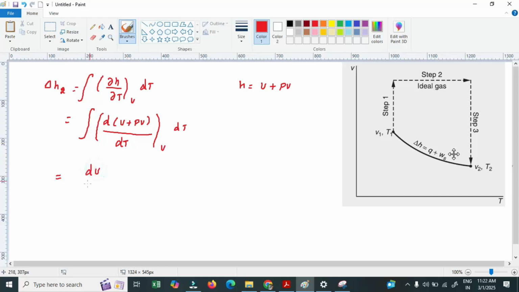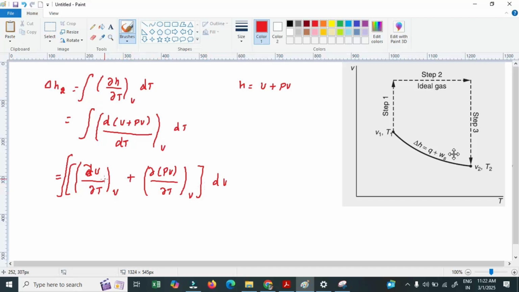And again this equation can be written as integral of dou U by dou T at constant volume plus, don't forget the integration symbol, dou PV divided by dou T at constant volume dT.